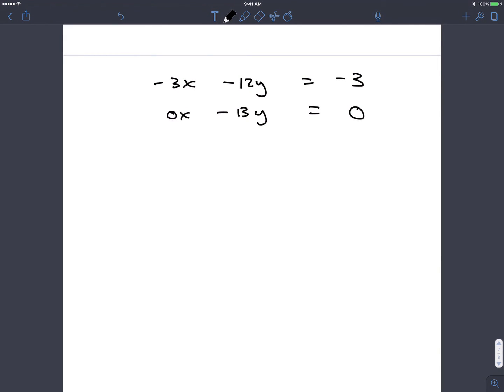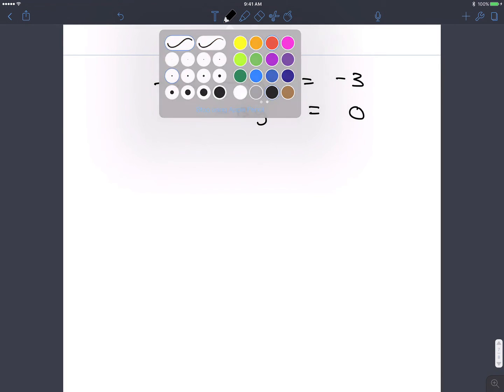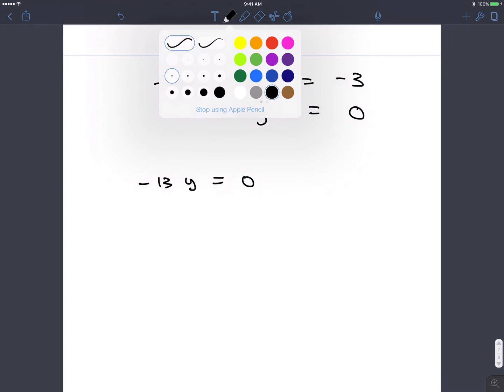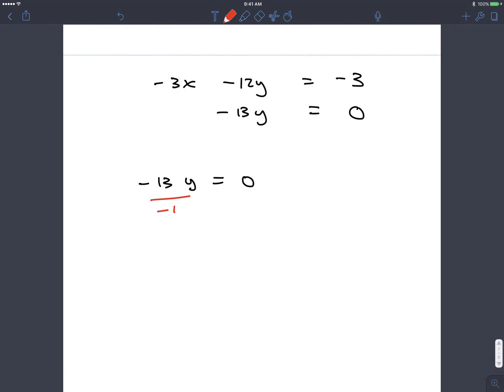Well, 0x gives us simply 0, or it's really not there. So we have negative 13y equal to 0 to solve, and we're going to now divide both sides by negative 13. We get cancellation, and 0 divided by negative 13 is 0.